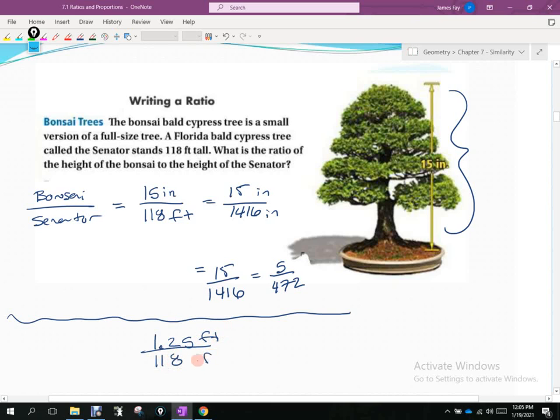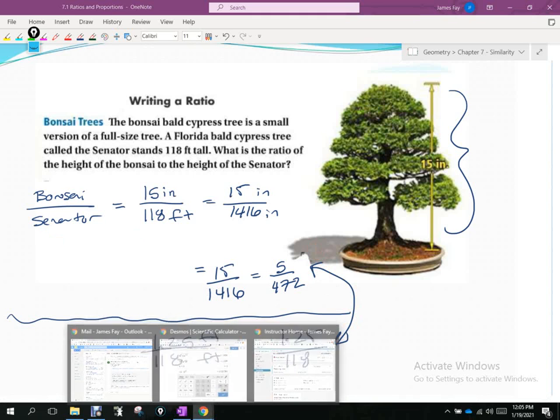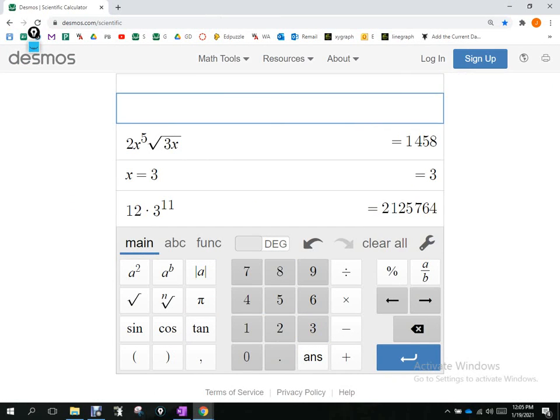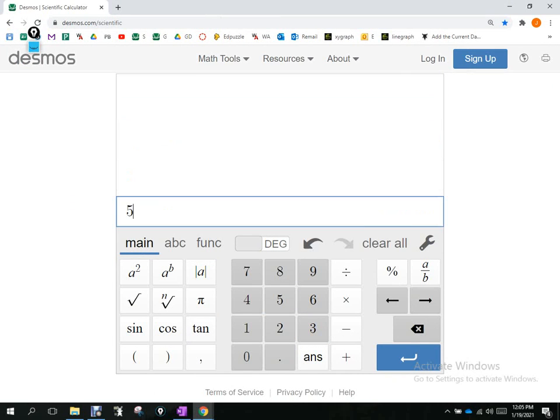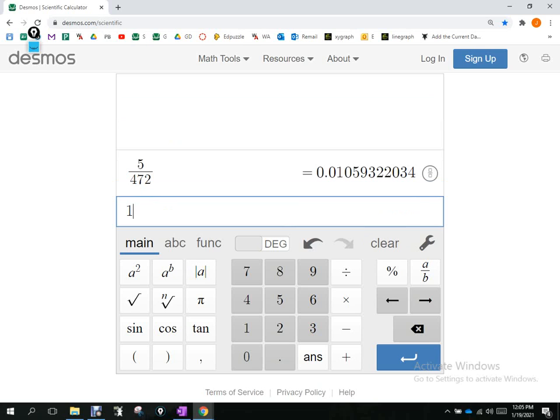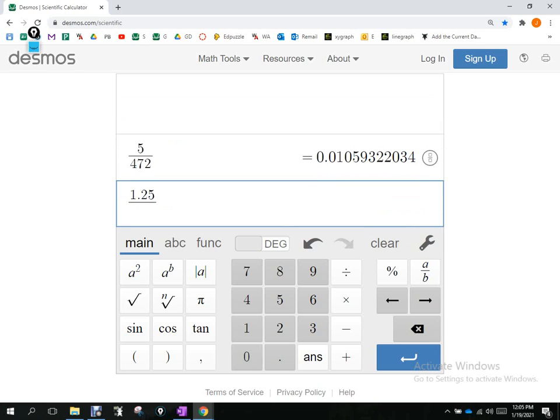Now they'd both be in feet. Okay? Now you might see that these two numbers obviously are different in their formatting, but if we type in 5 divided by 472, and then 1.25 divided by 118, is it the same decimal?